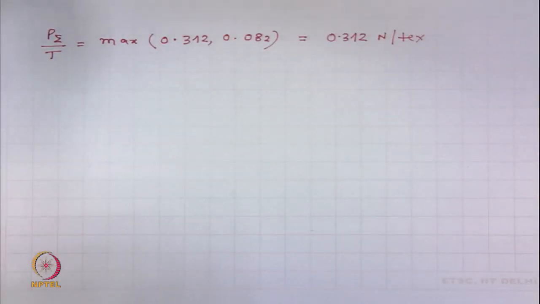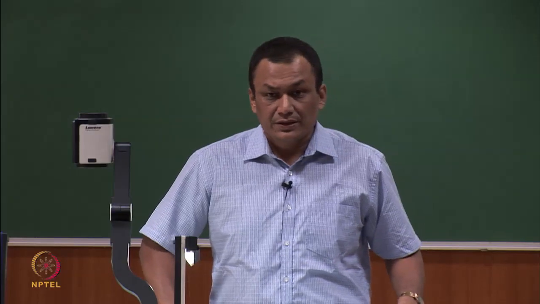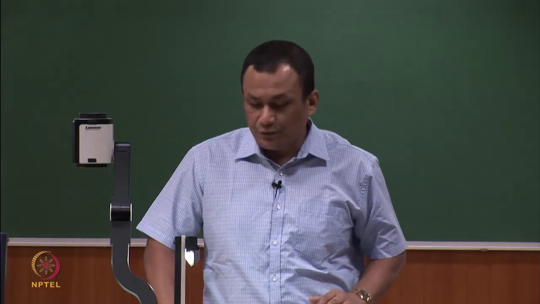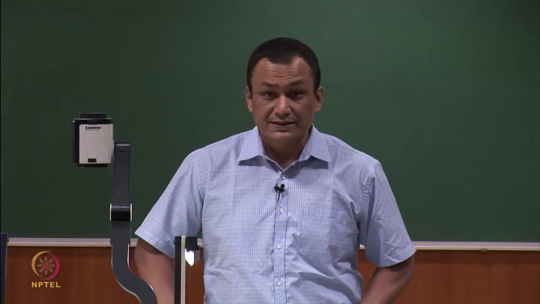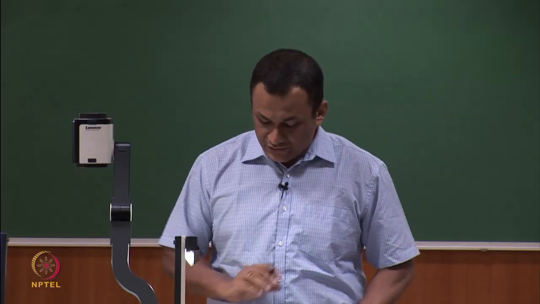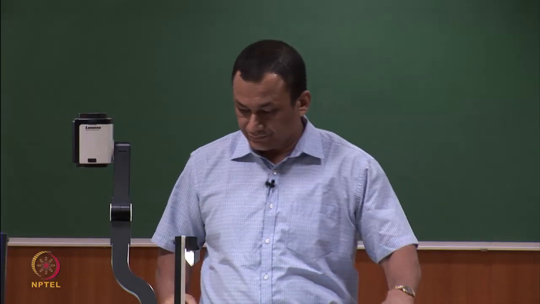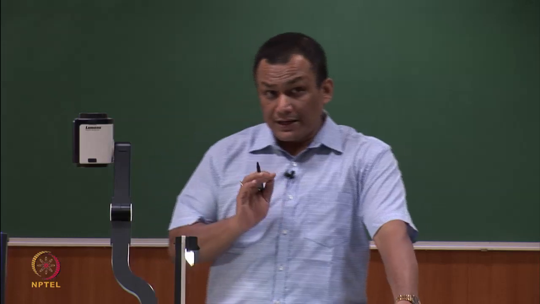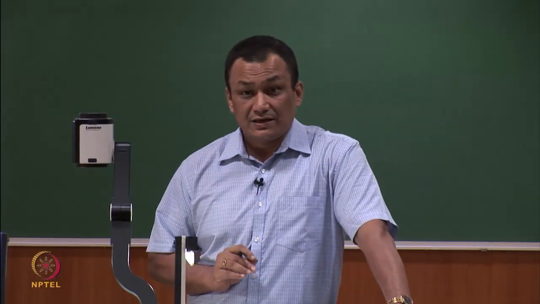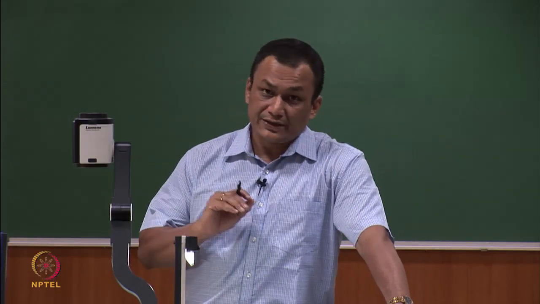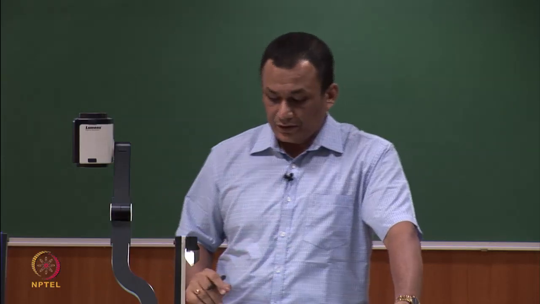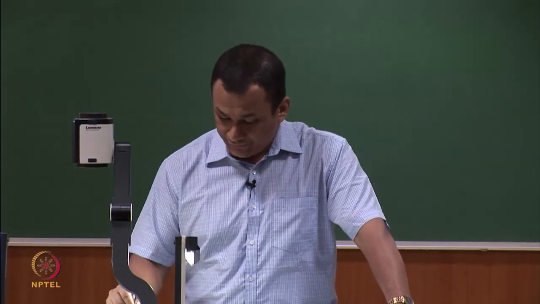So, at the 80-20 blend ratio, the bundle tenacity will be 0.312 Newton per tex. Gradually it is reducing. There will be one blend ratio at which the bundle tenacity will be minimum, then again it will increase. We have to see what that blend ratio is.